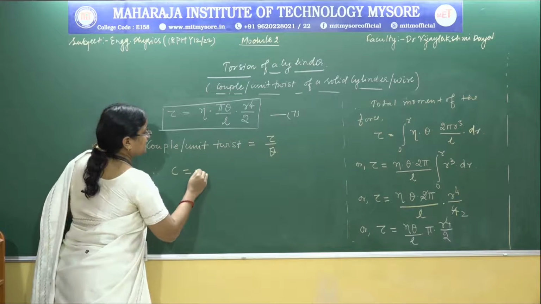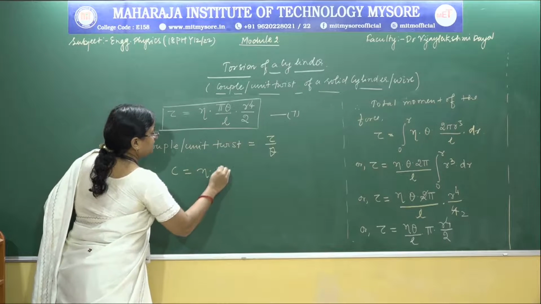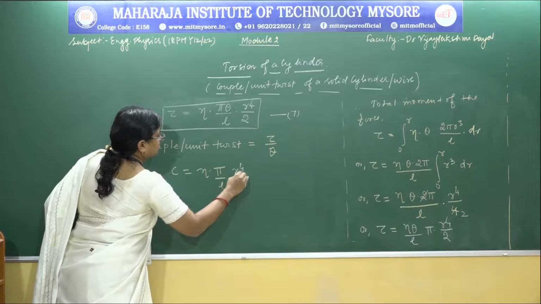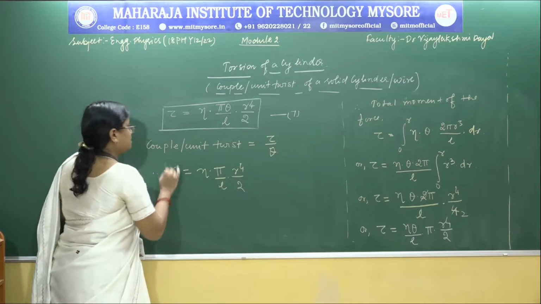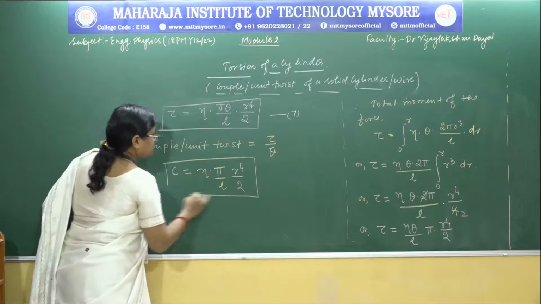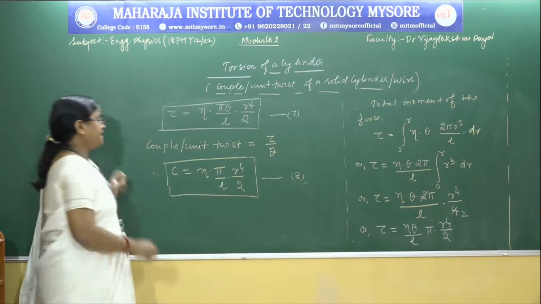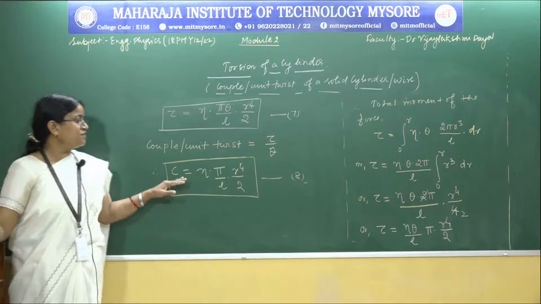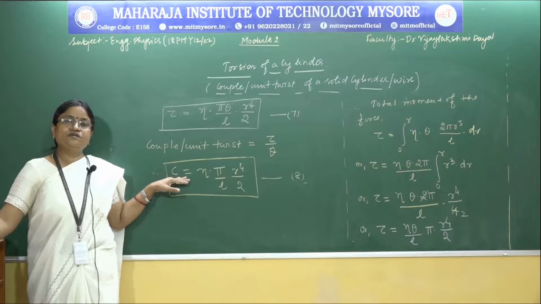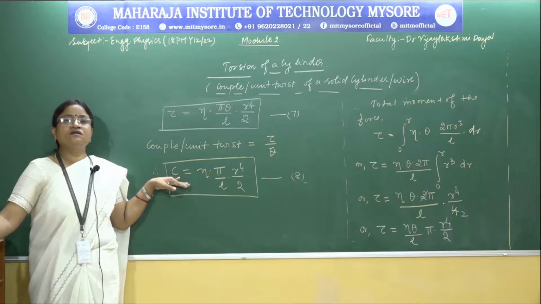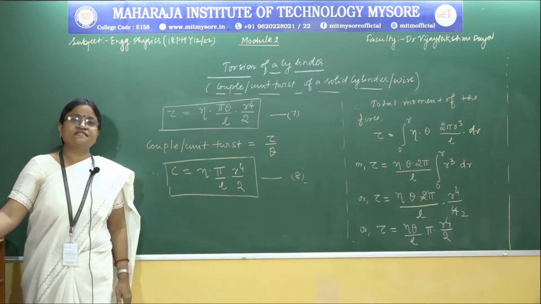So theta cancels out, and we get eta pi by L, r to the power 4 divided by 2. So equation 8 is the expression for the couple per unit twist of a cylindrical structure, or simply of a cylinder.